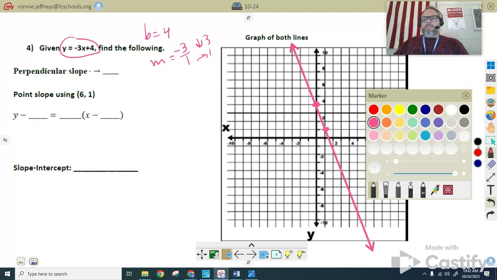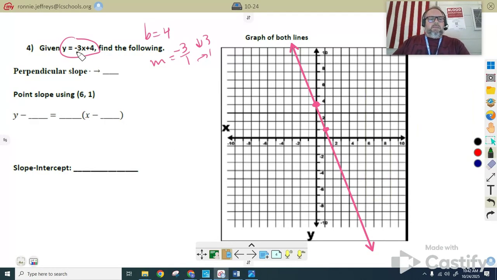So, now, perpendicular slope. If this is our slope, -3 over 1, we flip it, so it's 1 over 3, and then we multiply it by -1. Well, that makes this positive. Okay, so this is going to be 1/3, goes here. So 1/3 x.